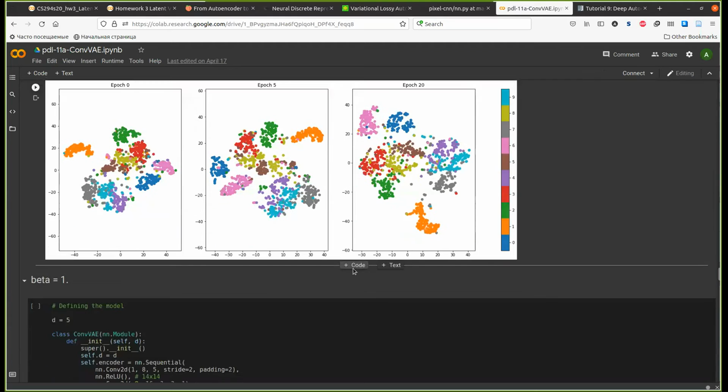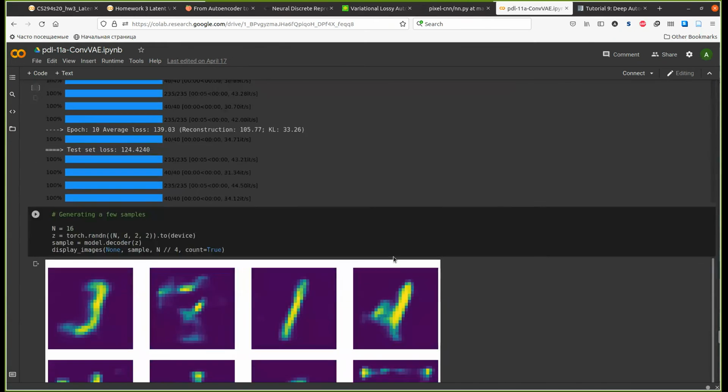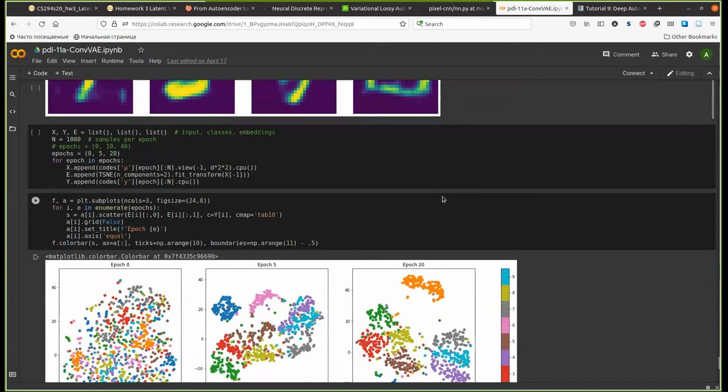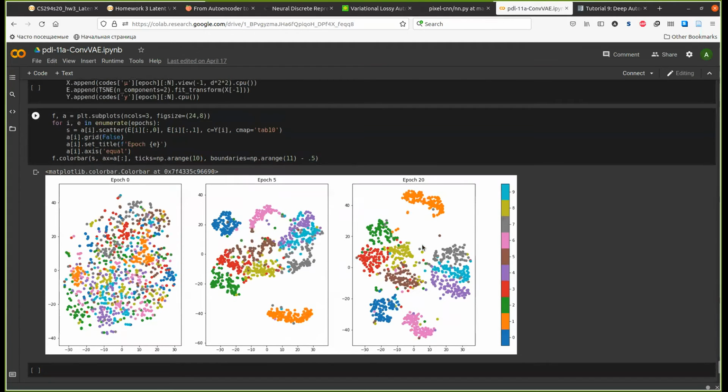But if we decrease the beta, it becomes less tightly packed here. And in terms of separation, I will have to investigate this further, I guess.